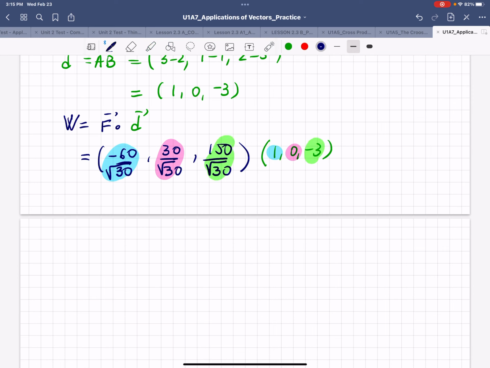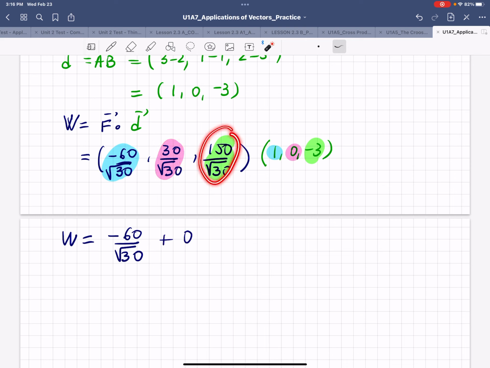So the work equals negative 60 over square root of 30 for the first two multiplied. Now, 30 over root 30 times 0 would be 0.